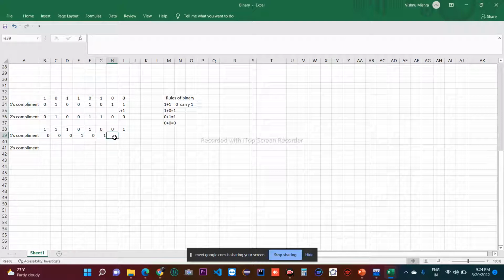Yes, very good. ठीक है, now tell me what will be two's complement. Two's complement is nothing but plus one. ऑलवेज स्टार्ट फ्रॉम राइट. Because 0 1 plus 0 1 equals 0 to 1 1.